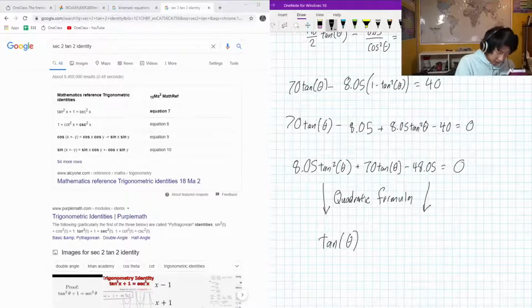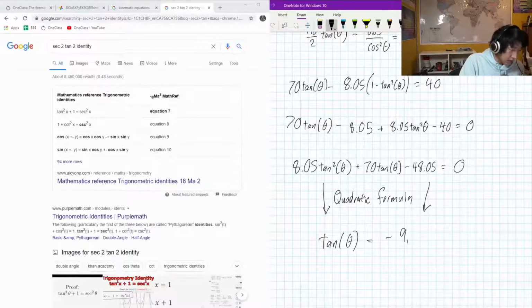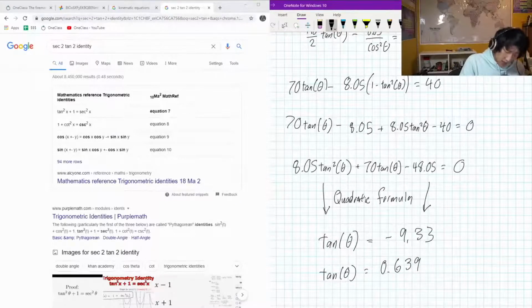Okay, so my A term is 8.05, my B term is 70, and my C term is negative 48.05. And solving for this, I get tan theta is equal to either negative 9.33, or tan theta is equal to 0.639.